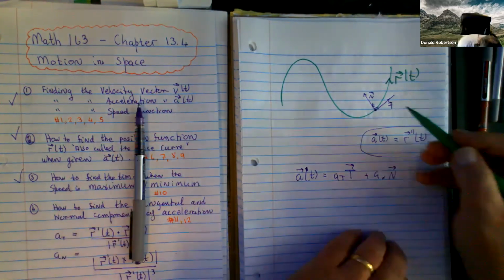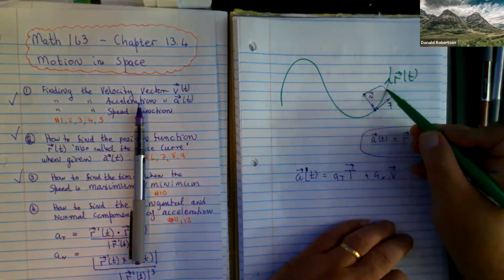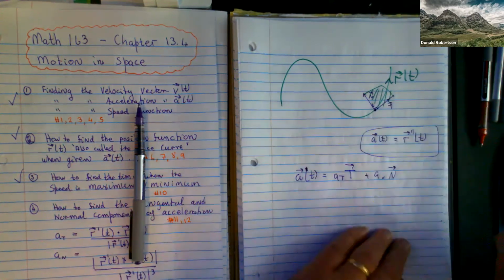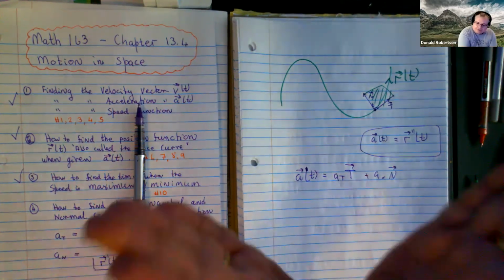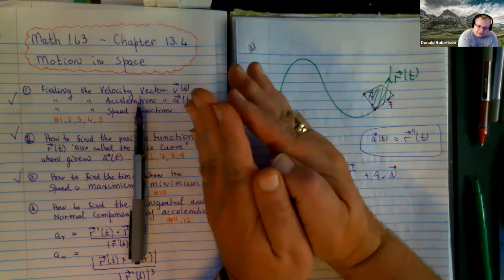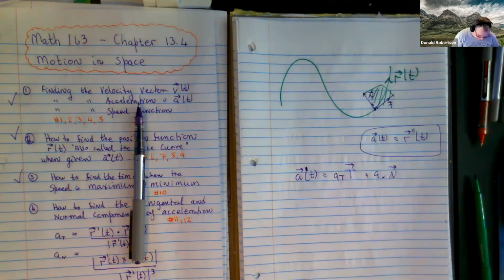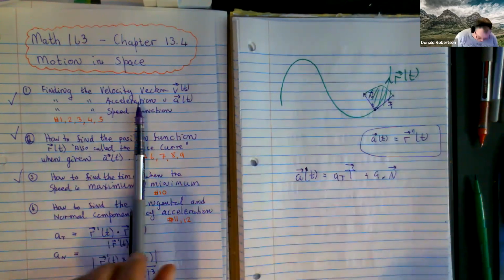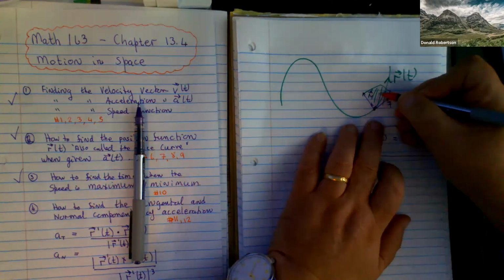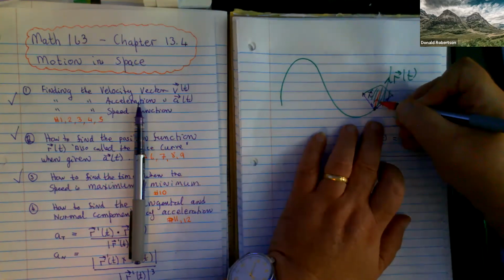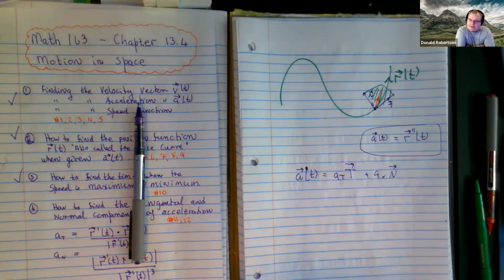Do you see these two vectors make a little plane? If you imagine two vectors, there'd be a plane that you could form using those two vectors. The acceleration vector, which might be this red one here, is always going to be in the tangent normal plane.